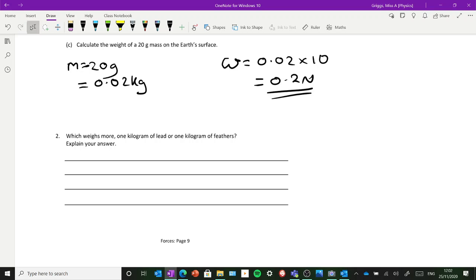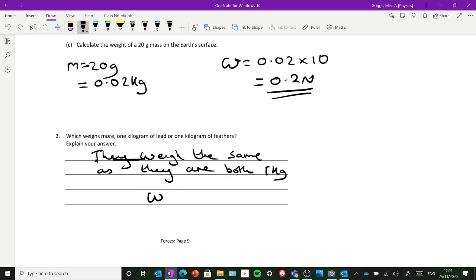Okay. So we'll write that down. They weigh the same, as they are both 1 kilogram. So if you were to work out the weight of them, it'd be 1 times 10. So 10 newtons for both of them.